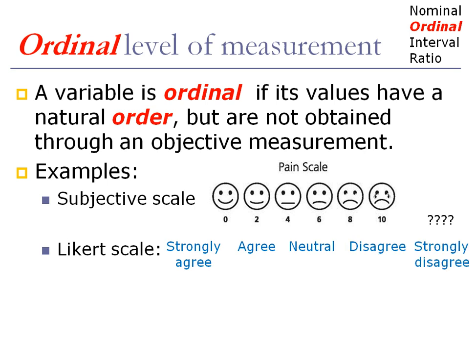That is when you ask someone whether they strongly agree, are neutral, disagree, or strongly disagree with the following statement. Again, there is a natural order from strongly agree to strongly disagree, or the other way around. But there is really no way of measuring exactly.